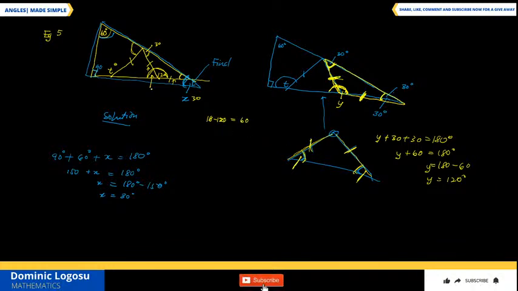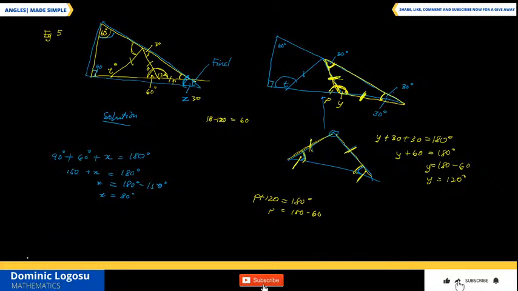So this side is 60 degrees. Please, for all those things, you should do the calculation nicely. You can decide to label this side as P, so P plus 120 equals 180 degrees.